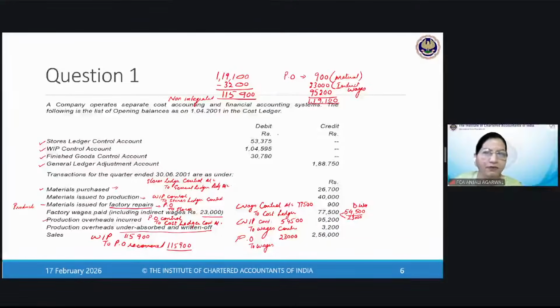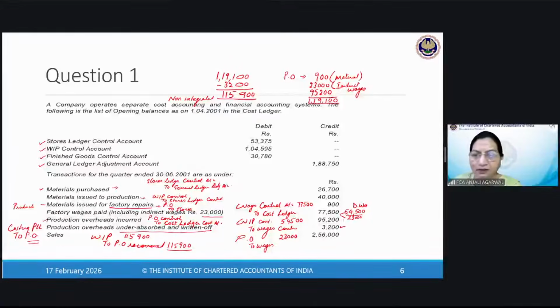And you can see the production overheads are debited by 1,19,100 but credited by 1,15,900. So they need to be further credited, which means your journal entry would be costing P&L account debit to production overhead by 3,200.